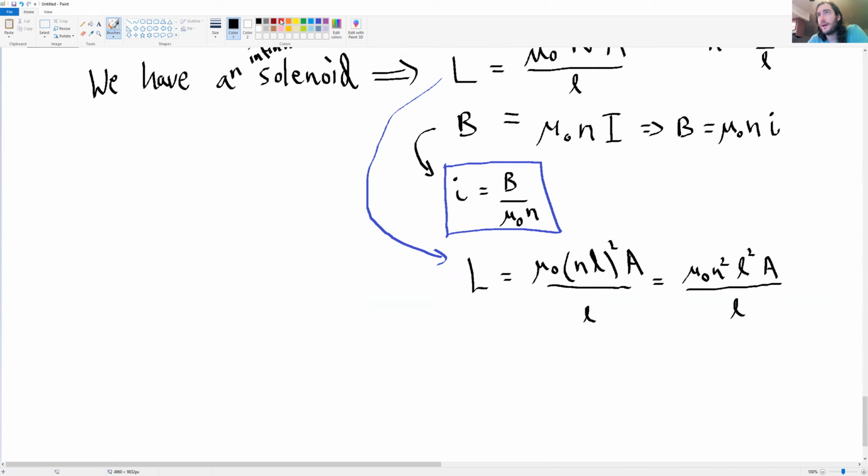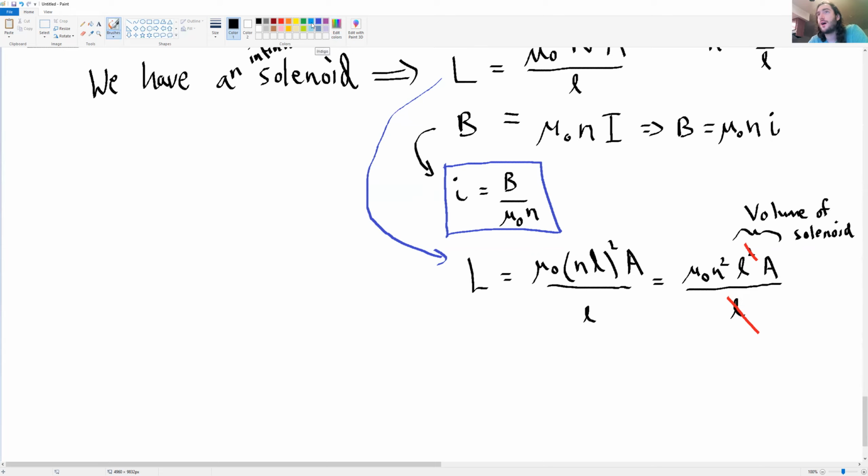So one power of l cancels here. And that's nice because l times A is the volume of the solenoid. So that's where we're going to get our energy density, right? We have a volume here. We can divide the volume to the other side to get energy density.